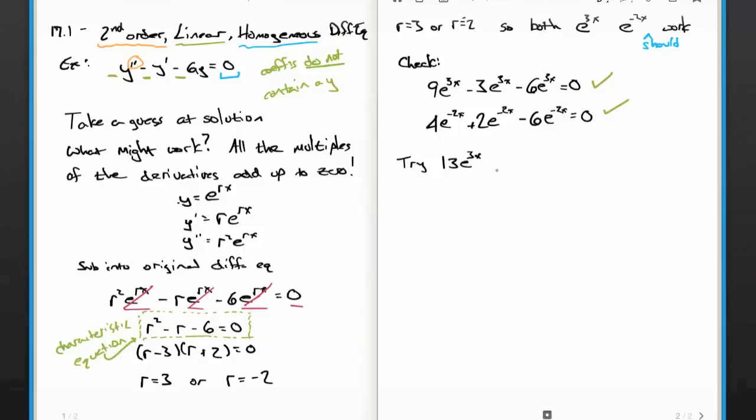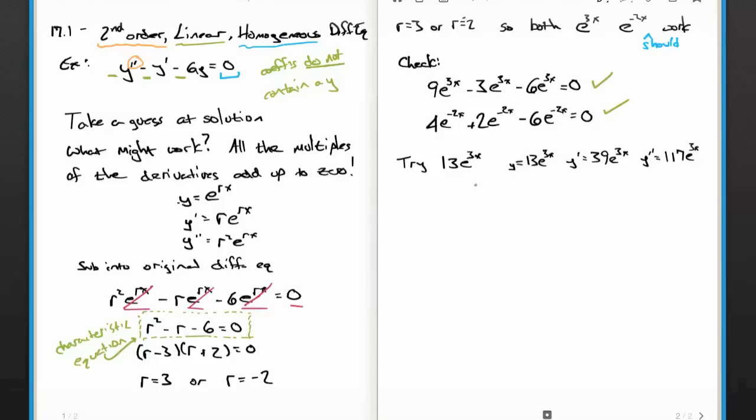Well, if I did that, y would equal 13e to the 3x. y prime equals 13 times 3, which is 39e to the 3x, and then y double prime equals 117, which is 13 times 9, e to the 3x.